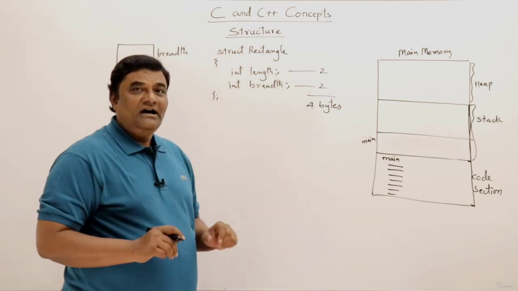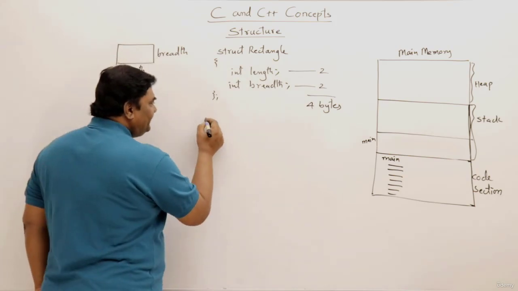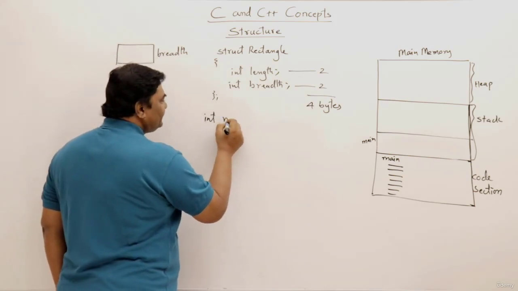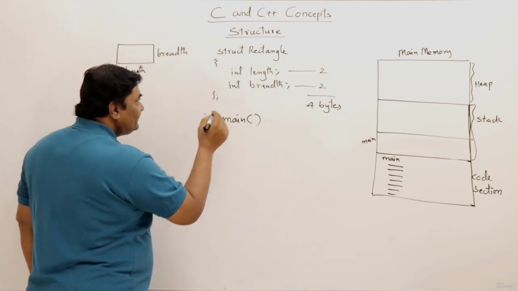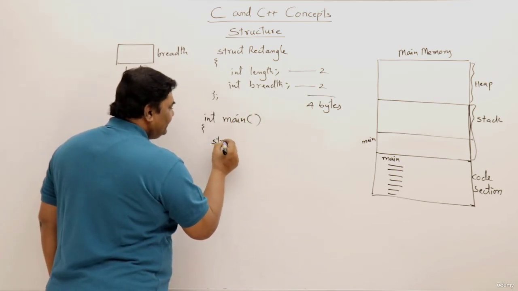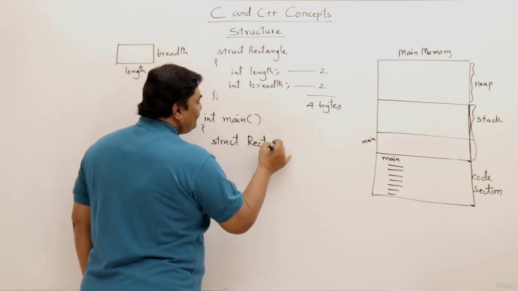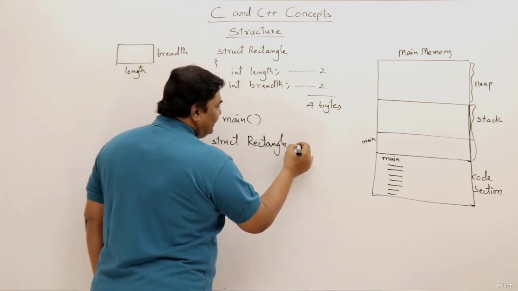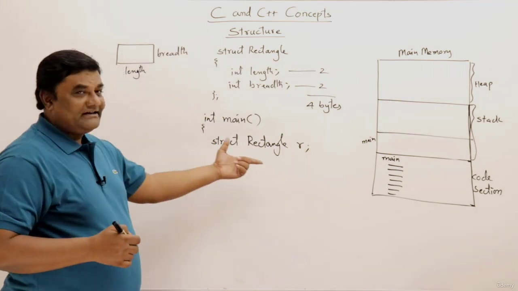Next, let us learn how to declare a variable of that structure type. Inside the main function, if I declare a variable, the method of declaration is to write struct as a keyword, then the name rectangle, then I'll give the variable name R: struct rectangle R. This is a declaration.